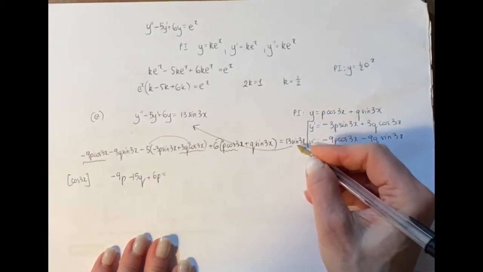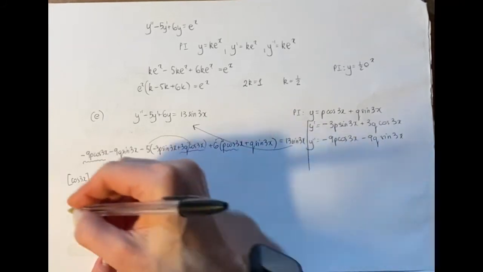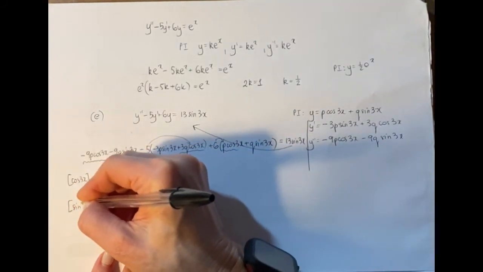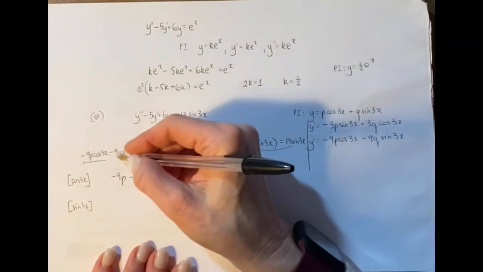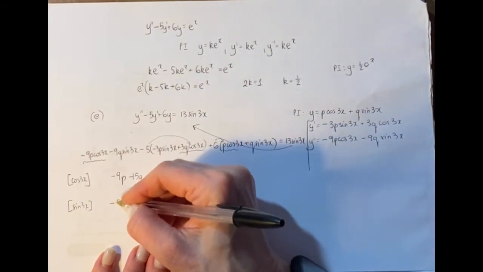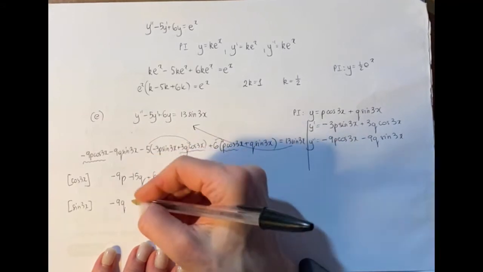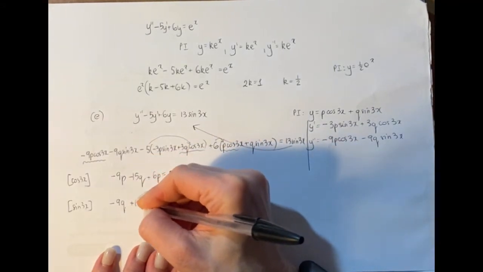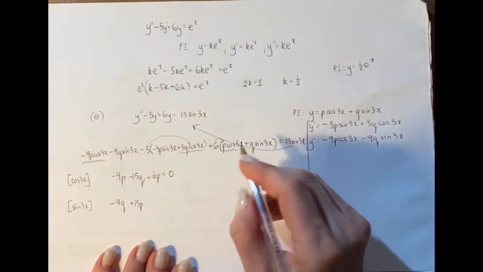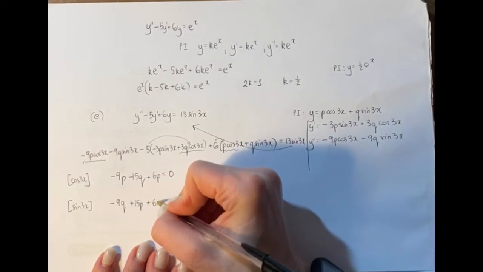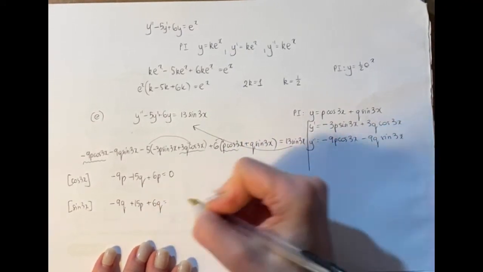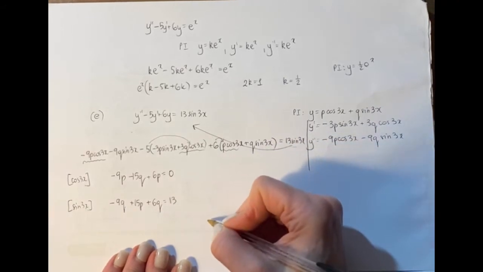That will give me 0 on the right hand side. Sine 3x's, so I will have the rest of them, so minus 9q, then minus 5 times minus, so it's plus 15p, and then 6 times q, plus 6q on the left hand side, and there's 13 on the right hand side.